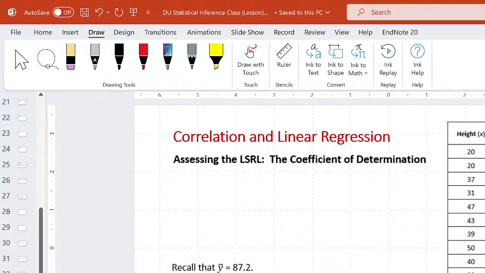Some books define it that way. R squared is the model sum of squares divided by the total sum of squares. It's also, and actually this does appear in multiple regression.